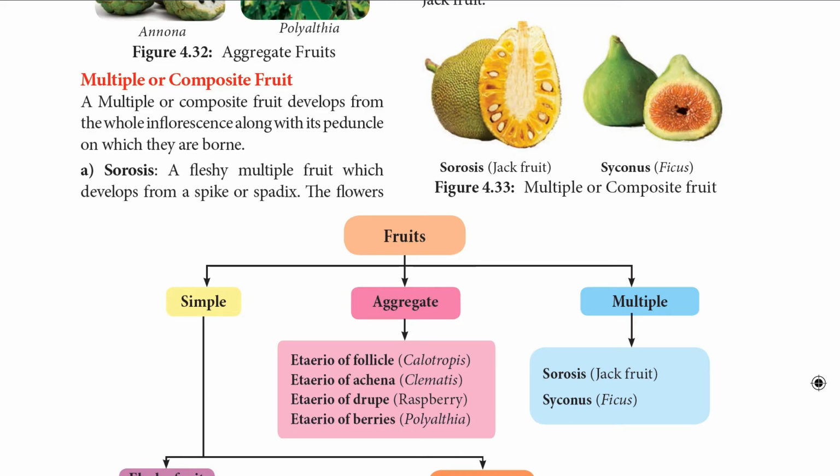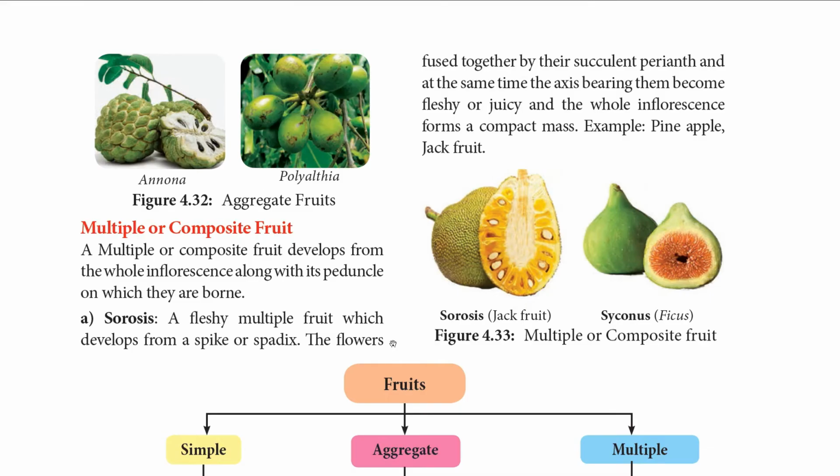Here each ovary may develop into a drupe, an achene, or a follicle. Etaerio is the term given for the aggregate fruit, that is fruit borne by a single flower. Etaerio of follicle, example Calotropis; etaerio of achene, example Clematis; etaerio of drupe, raspberry; etaerio of berries, that is Polyalthia and Annona. So Annona is the custard apple and Polyalthia is the Ashoka tree.